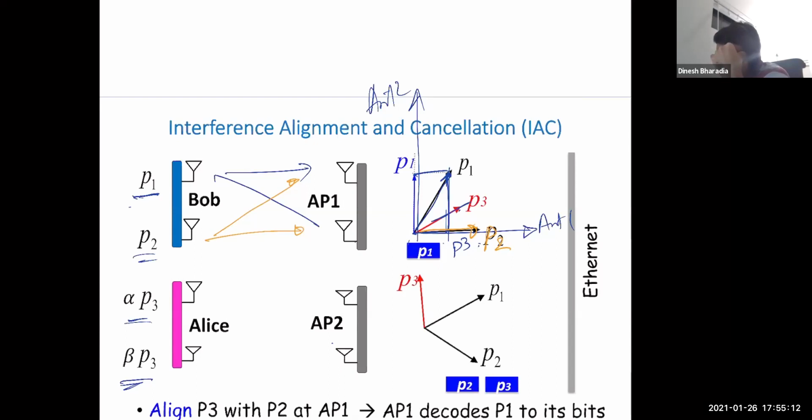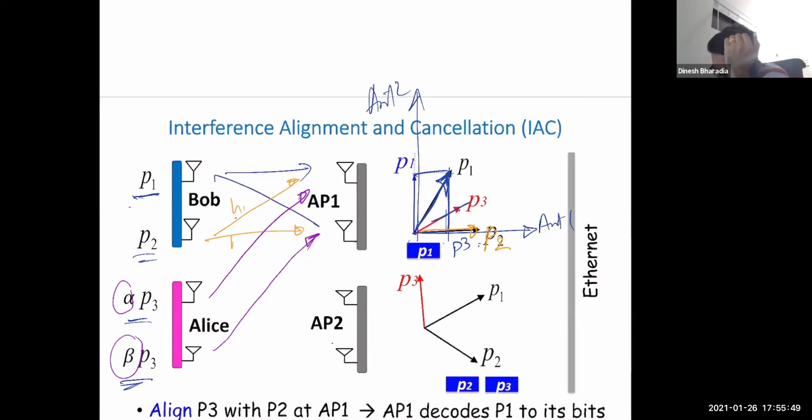Let me draw it again. Let's say this is your P1, and this is your P2. Now P3 has these channel coefficient gains. What you do is you choose alpha and beta so that they match up with P2's contribution, like they match up to the gain values of the orange one.